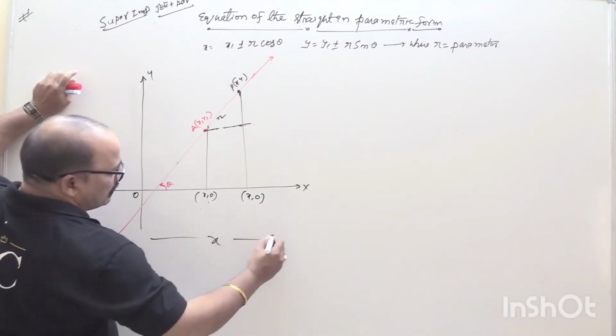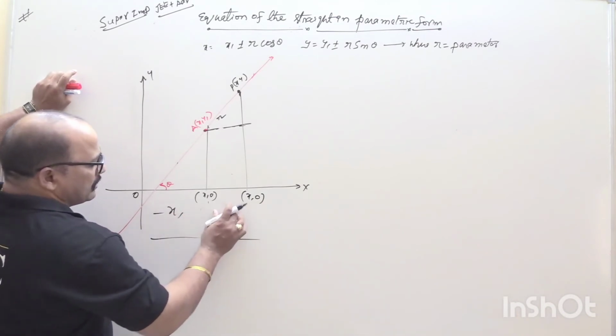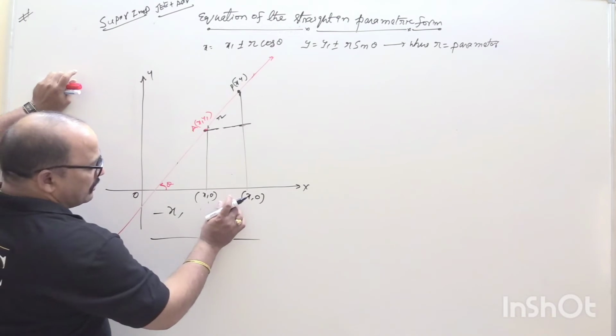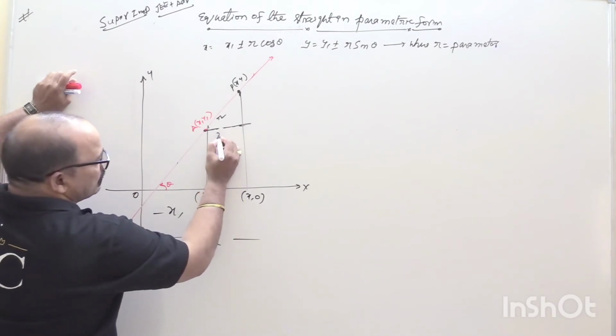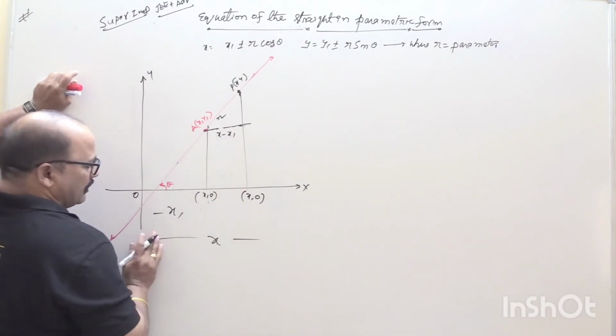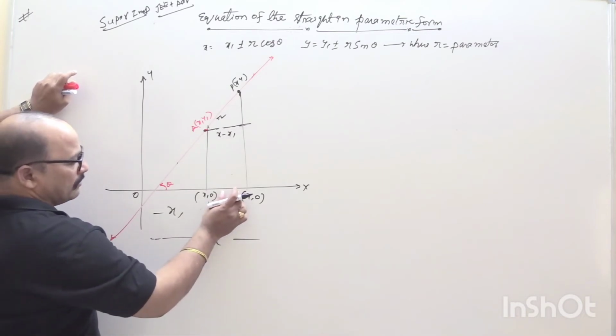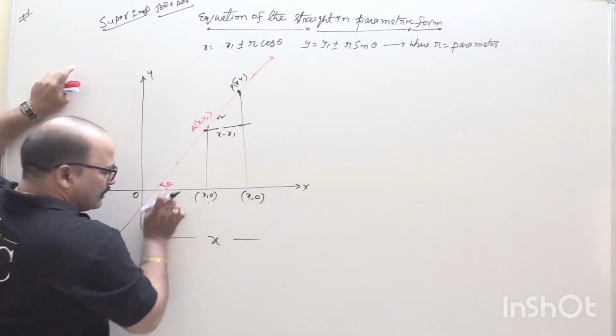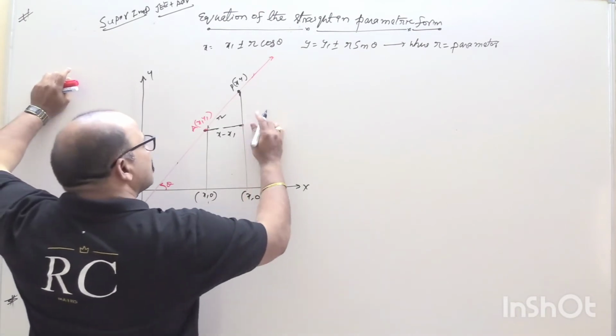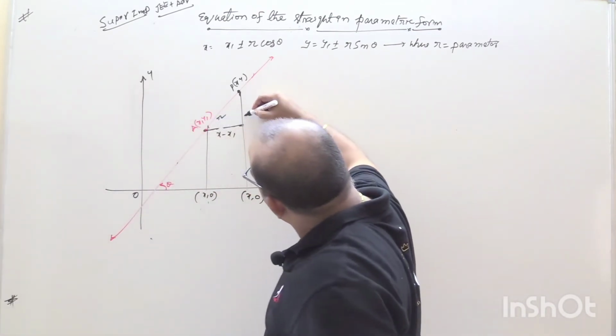Total length is x, this length is x1, biggest length minus smallest gives this length, so this is x minus x1. Similarly this length is y minus y1.